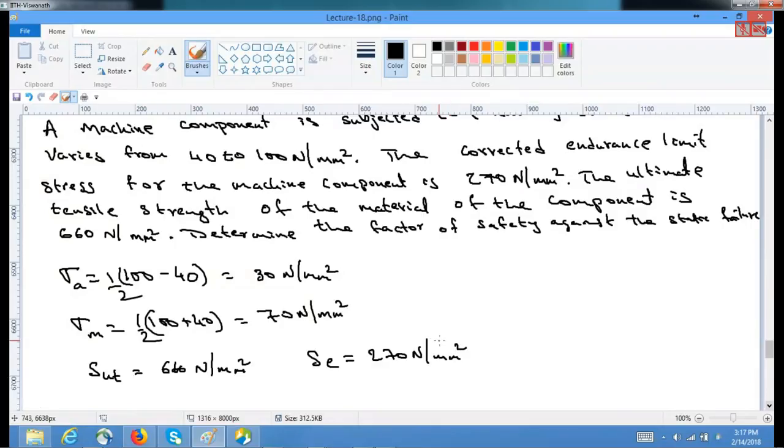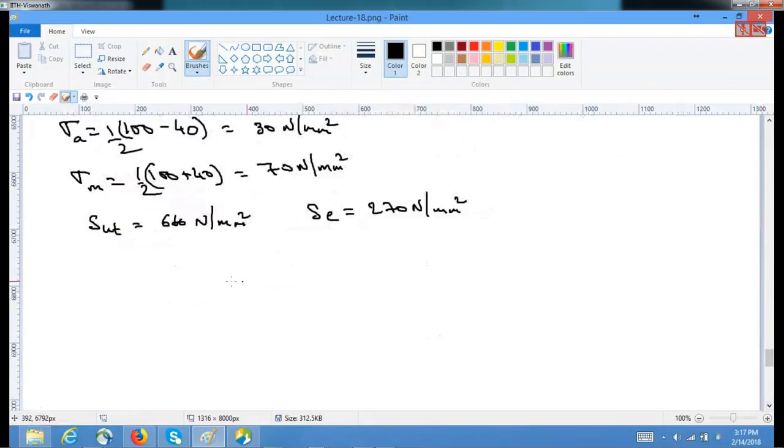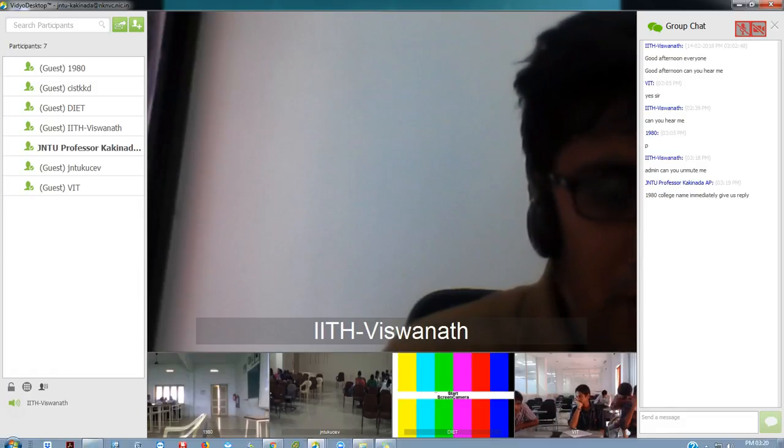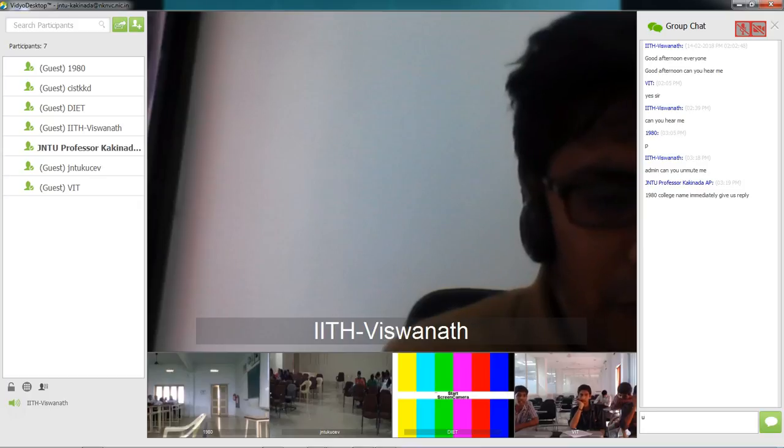So if we use the Goodman curve, we know that sigma... so all we need to do is put 30 divided by 660.